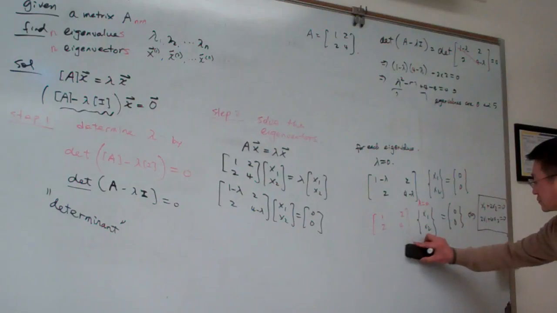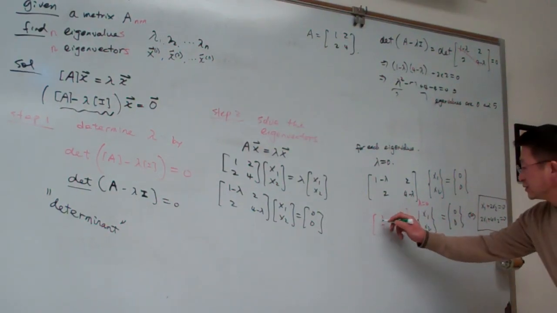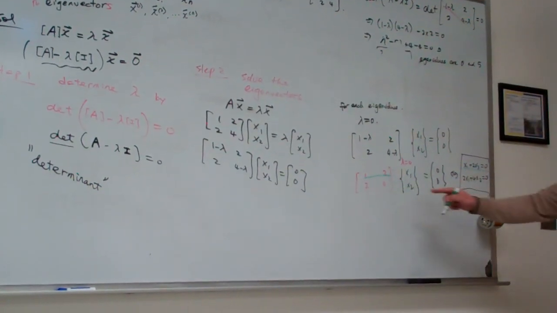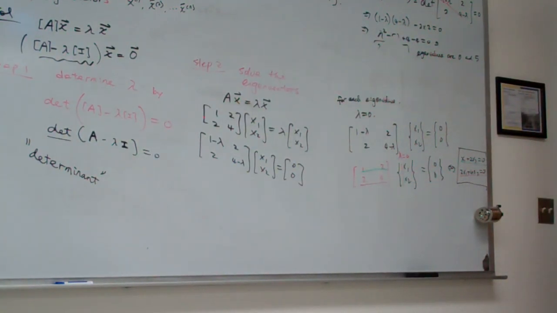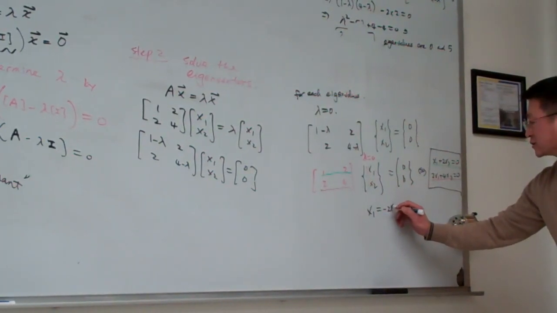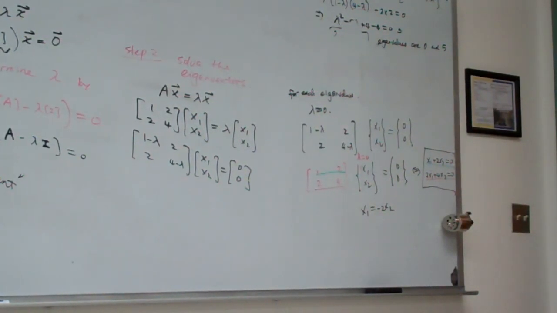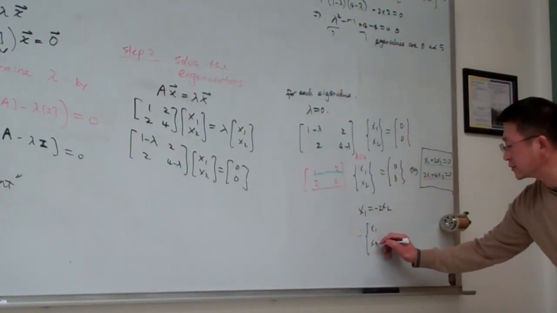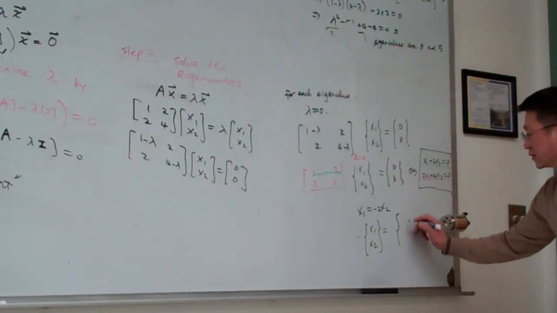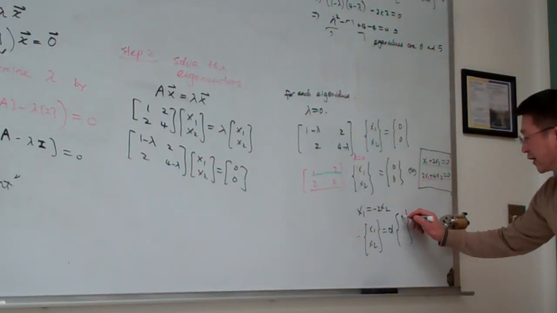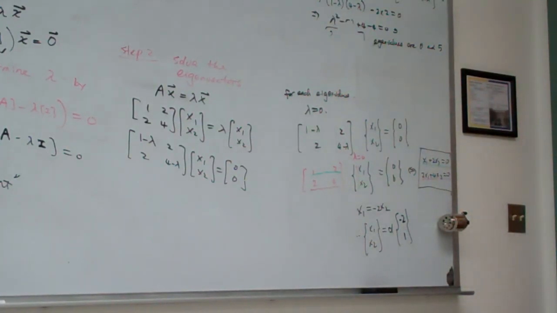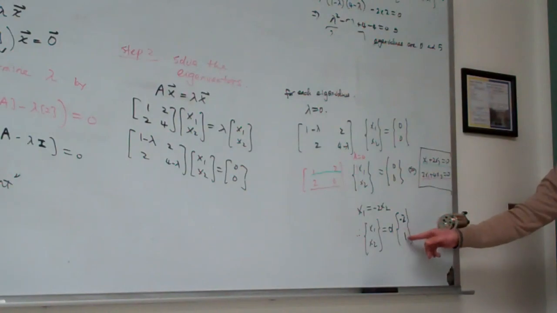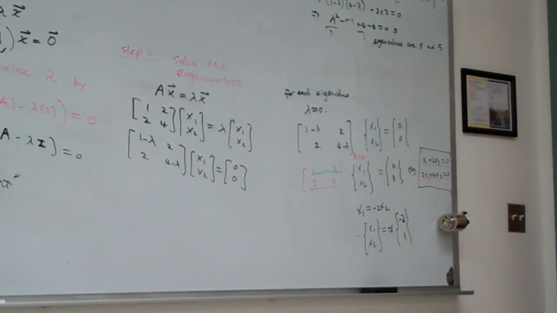For example, using either equation, the relation is x1 equal to minus 2x2, right? That is the relation. So x1, x2 equal to, say, if x2 is alpha, then x1 is minus 2 alpha. Alpha can be any constant. So minus 2 and 1 times alpha give us the relation.